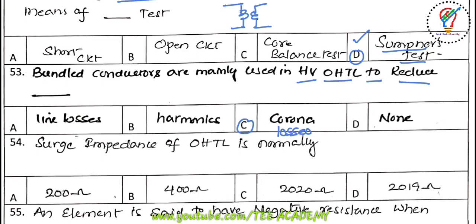How is it possible, sir? With the help of bundled conductors, we actually increase the virtual radius of the conductor. As the radius of the conductor increases, corona losses automatically go down. So the correct answer for question 53 is C.